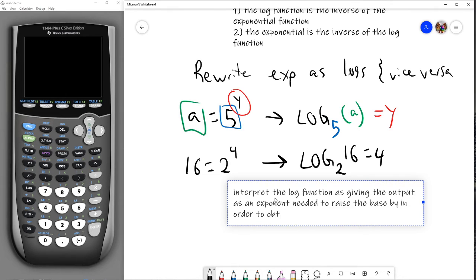Alright, so we want to interpret the log function as giving the output as an exponent needed to raise the base by in order to obtain the input.